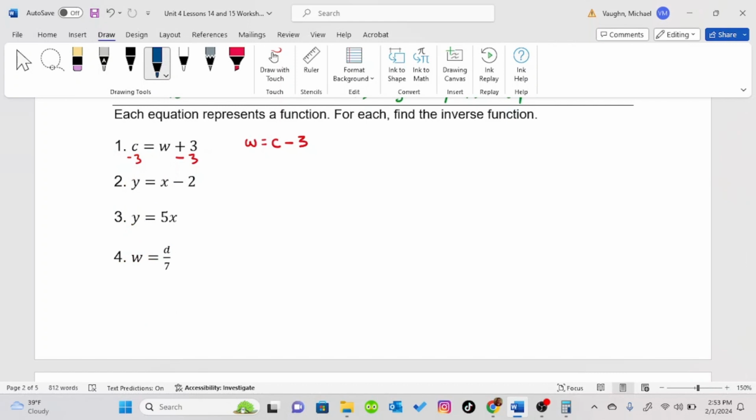Next, number 2, instead of an equation that solves for y, I want an equation that solves for x. So I'm going to add 2 to both sides. Now I have an equation that says x equals y plus 2.